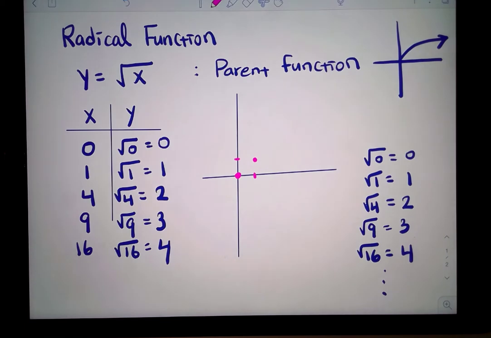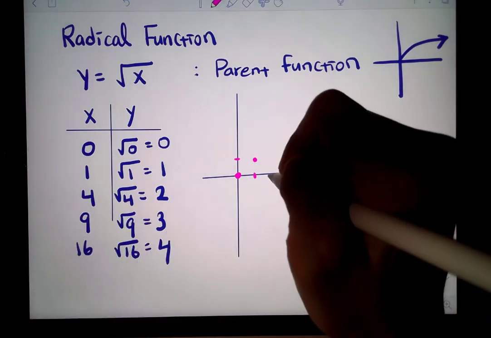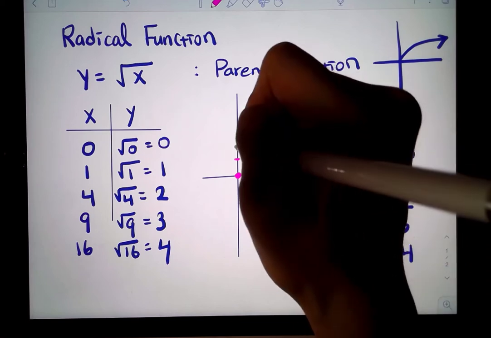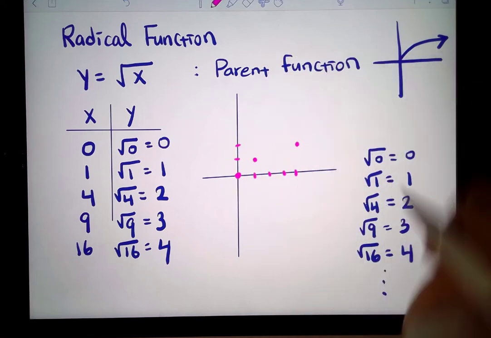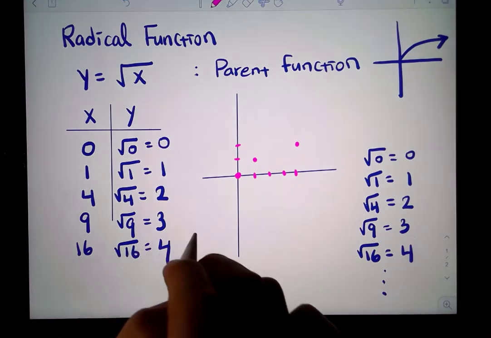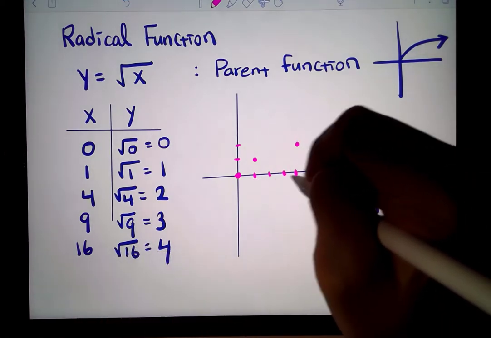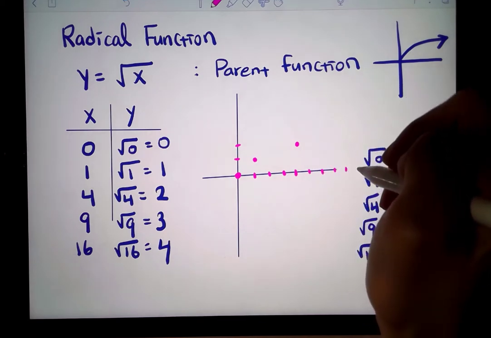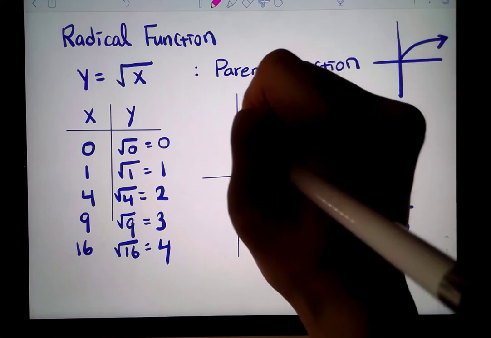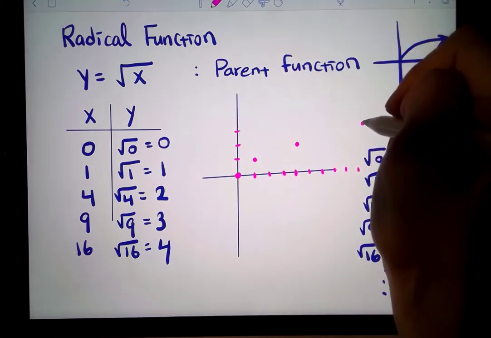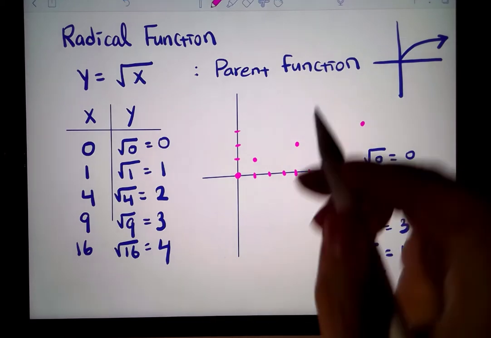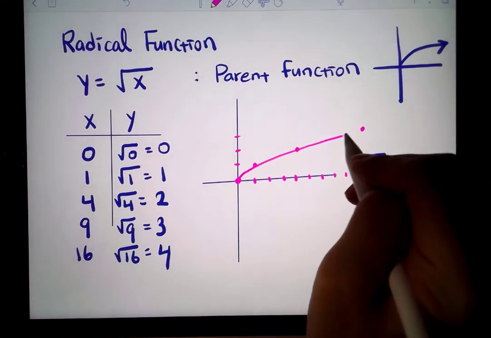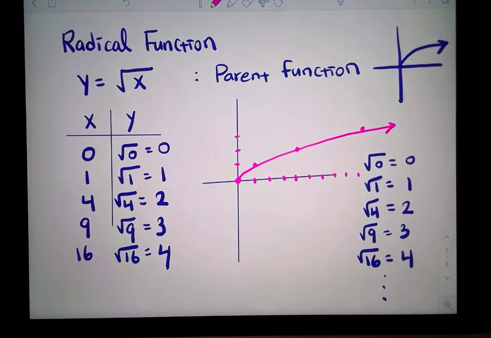And then my next one is 4, 2. 1, 2, 3, 4, and 2. So we'll be here. And then the next one is 9, 3, right? So that's 4, 5, 6, 7, 8, 9, and 3. Like that. Okay, and then if you connect it, it goes like this. All right?